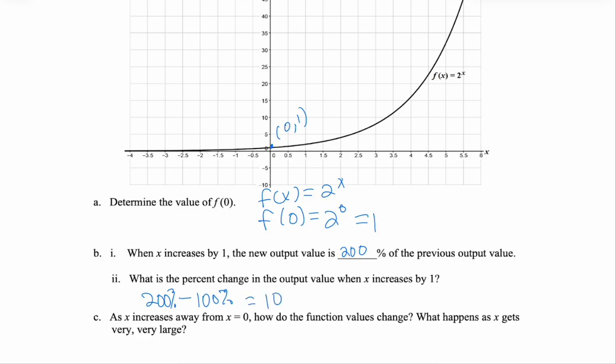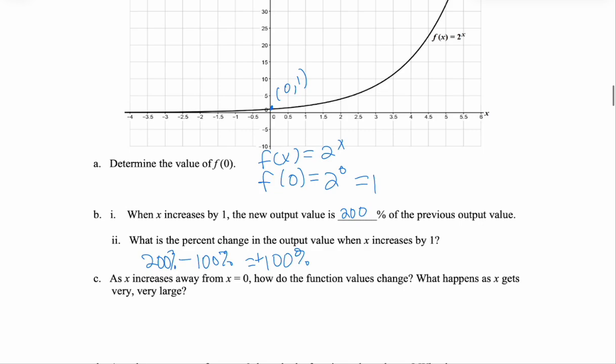And so it increased by 100%. As x increases away from 0, how do the function values change? They get large very fast. I don't know what else they want us to say. So they get large quickly, I guess would be a good way to say it.